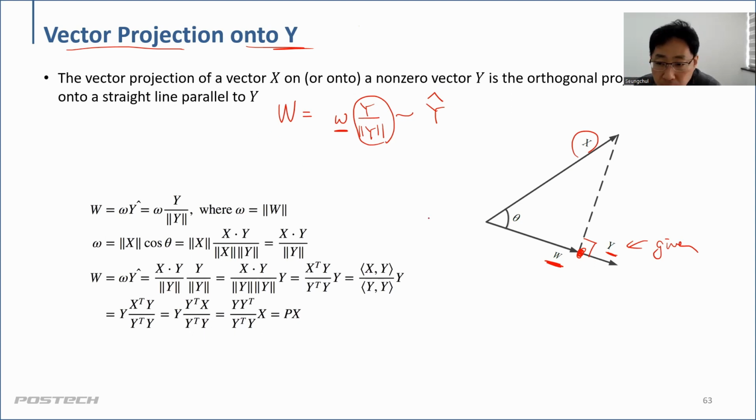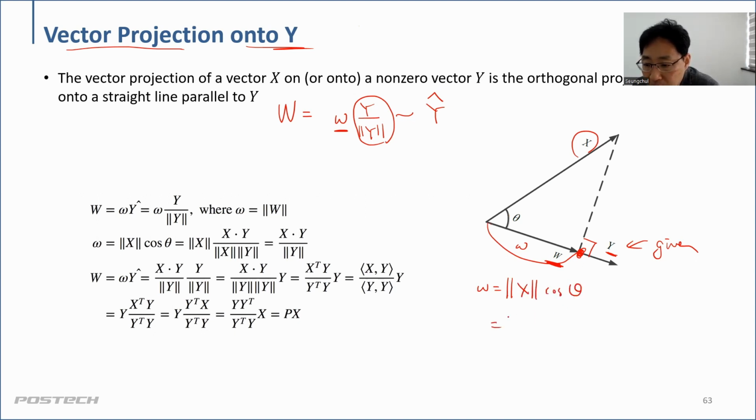Let's compute omega. The length of this is omega, and omega is the length of x times cosine theta.